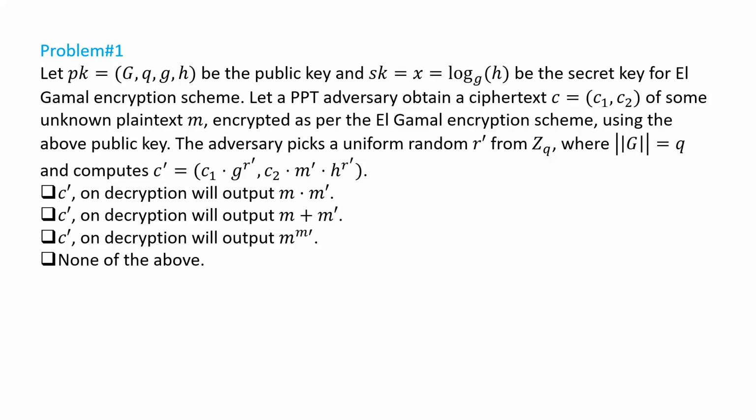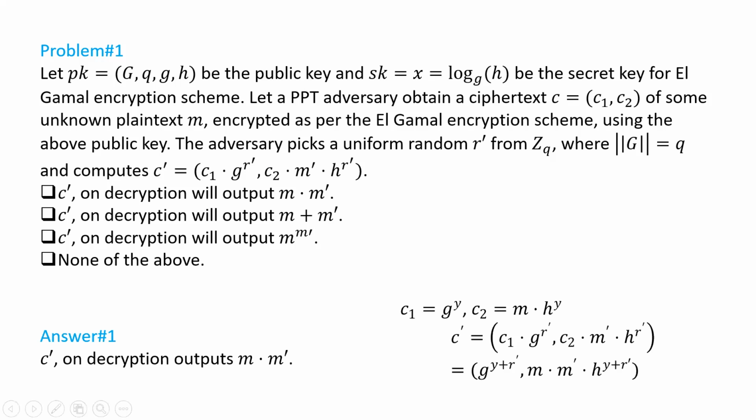According to the ElGamal encryption scheme, y will be some uniformly randomly chosen value by the encryptor or sender of the message. So the sender chooses some value y from the space Z_q and computes g to the power y and provides it as C1, the first component of the ciphertext. This is according to the standard ElGamal encryption scheme.